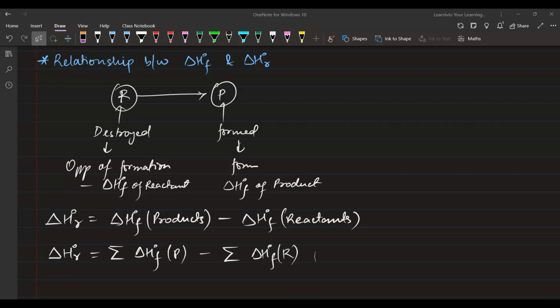So what is written after form in the product side? Yeah, sorry, I can't hear you. So what is written below formed in the product side? It is just form. Okay, form means it is just formation, and that will be delta H naught F of the product.